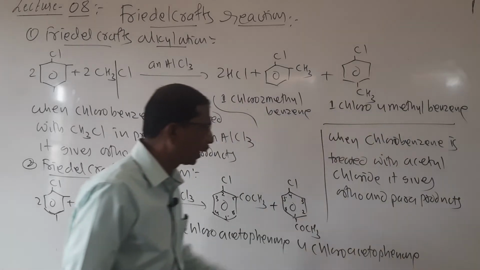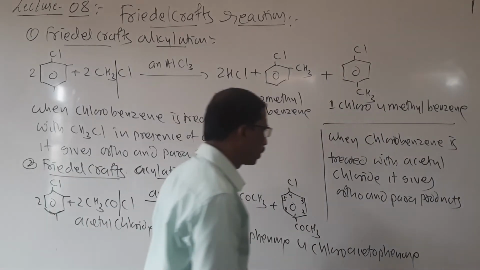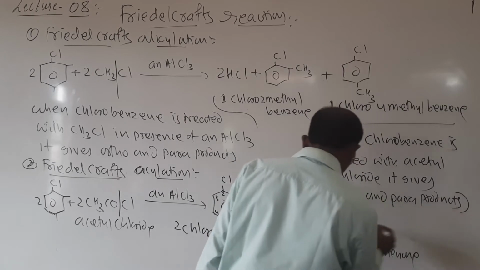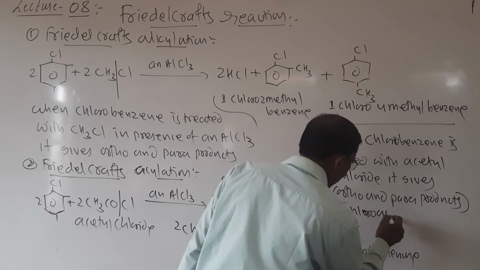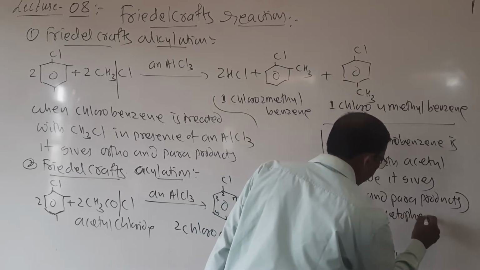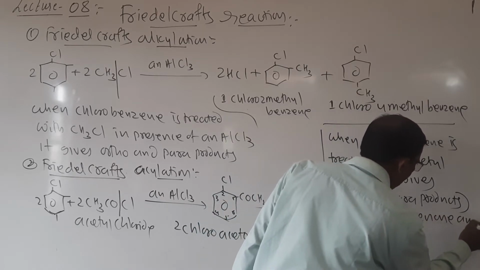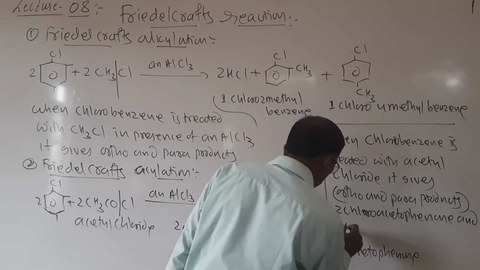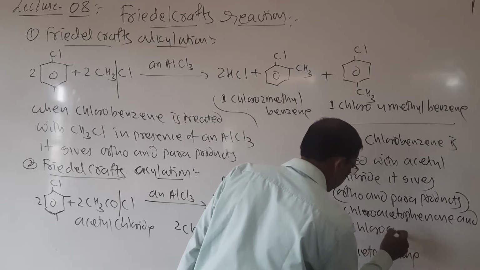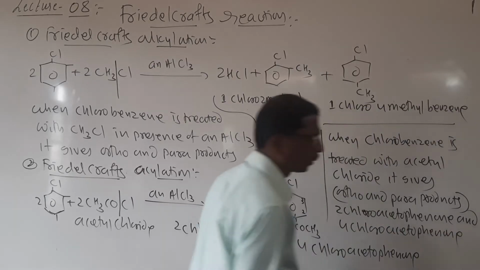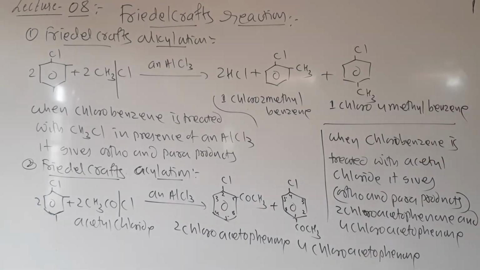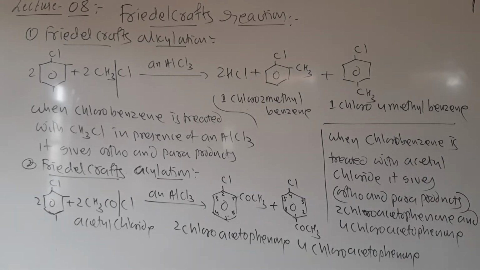That is right, write its name, ortho and para products. Otherwise you write the names, that is 2-chloroacetophenone and 4-chloroacetophenone. Students, that is about the Friedel-Crafts reaction.